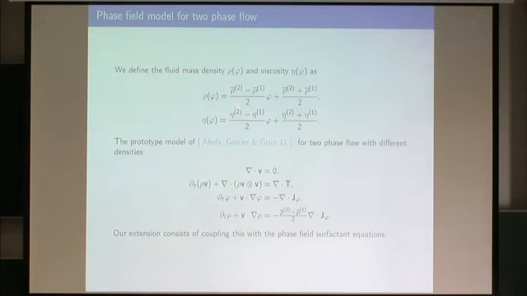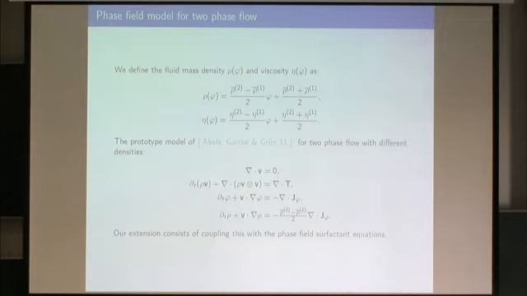Earlier work by Abels, Garcke, and Grün derived a prototype model for two-phase flow with different densities, given like this. The first two equations are the incompressible Navier-Stokes equations. Here v is a volume averaged velocity. This equation tells us how the order parameter evolves with flux J phi.